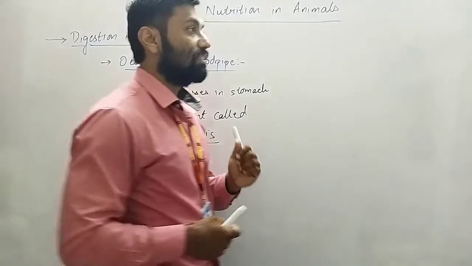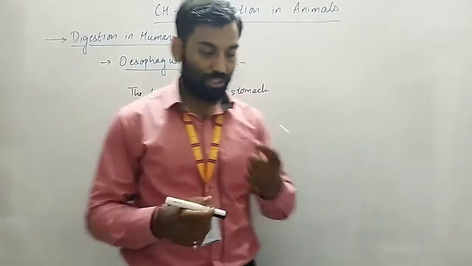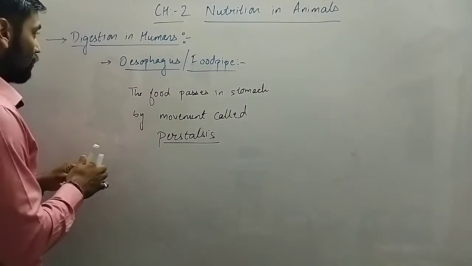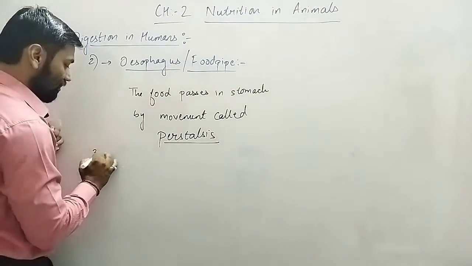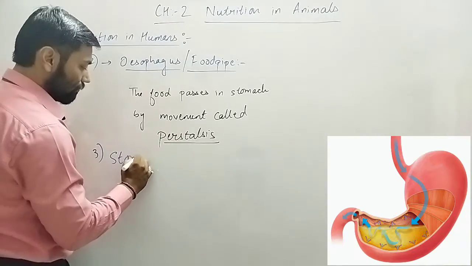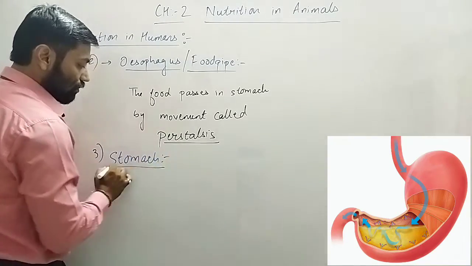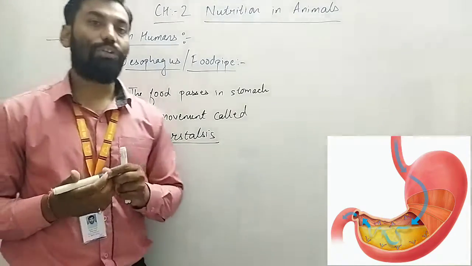Next we are going to discuss the stomach. So this was the second part, and the next part that we are going to discuss, the third part, is the stomach. You can see the figure of the stomach. What do you see?